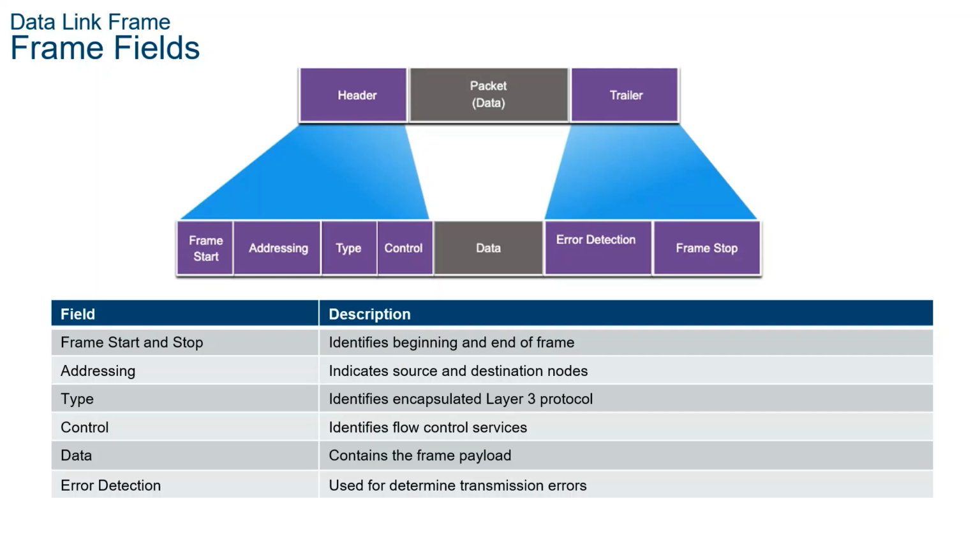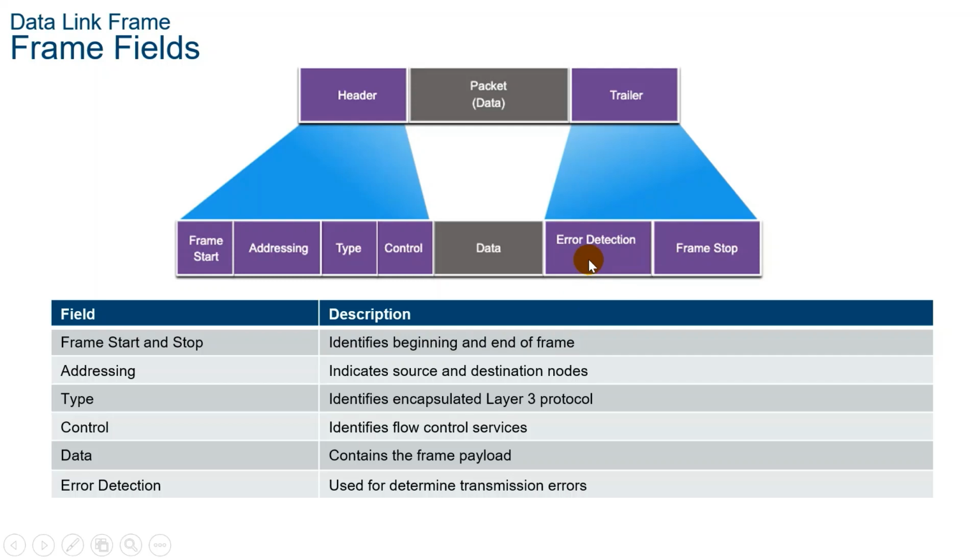So the data link layer adds error detection because the signals on the media could be subject to interference, distortion, or loss that would substantially change the bit values that those signals represent. So the transmitting node creates a logical summary of the contents of the frame, known as the CRC, or the cyclic redundancy check.